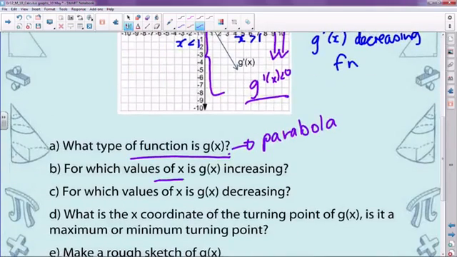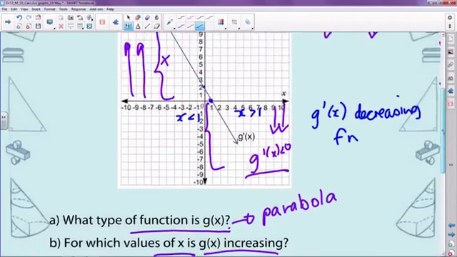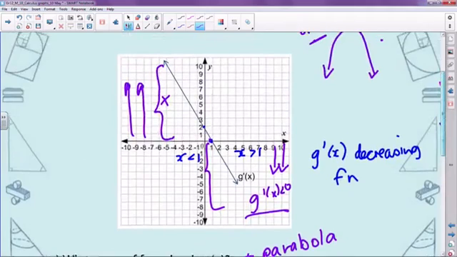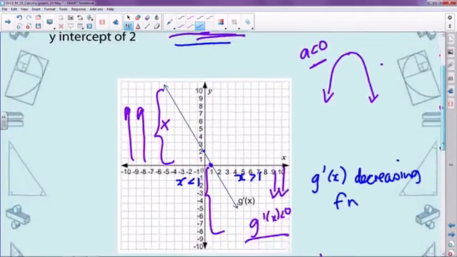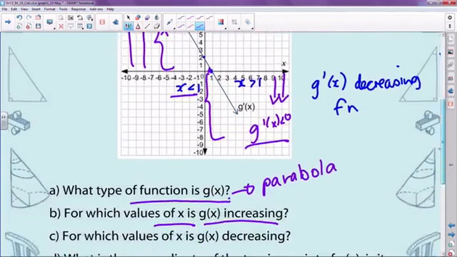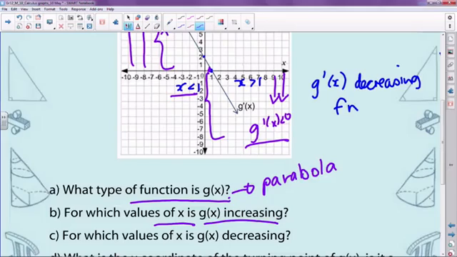They say, for which values of x is g of x increasing? Okay, so we saw that the gradient graph, this g prime x equals minus 2x plus 2, was positive for x less than 1. So a positive for x less than 1 tells me for which values of x is g of x increasing.